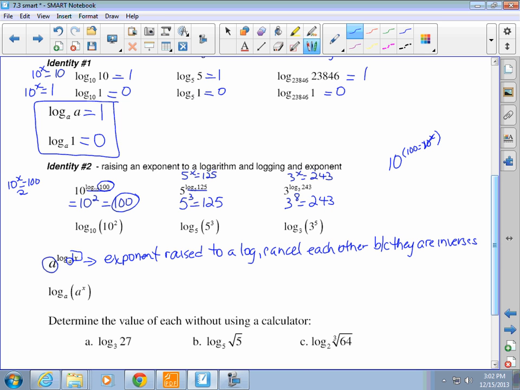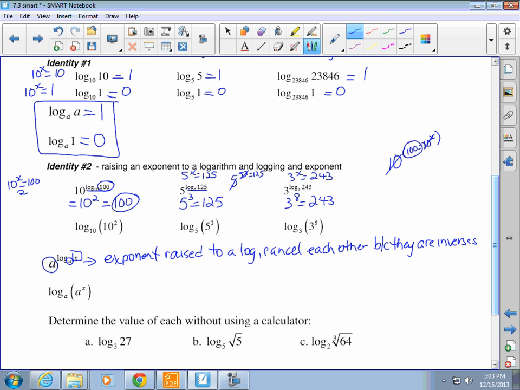So what's happening is this and this are canceling each other out and leaving me with that answer. In this one, this would be 5 to the power of log base 5 of 125. So my 5 and my 5 cancel each other, leaves me with 125.